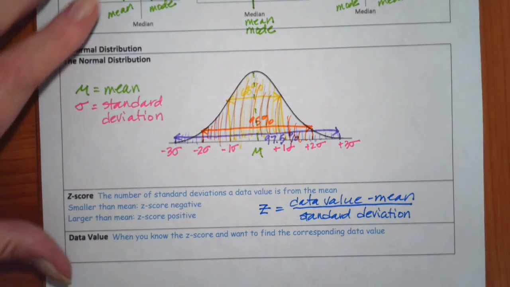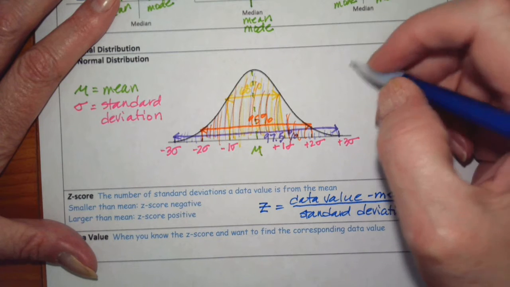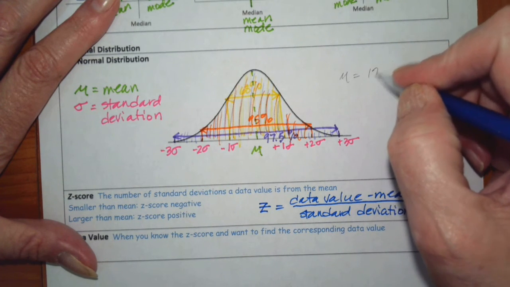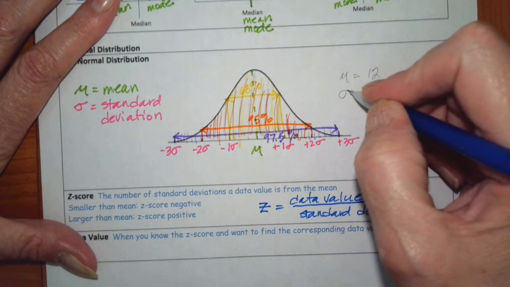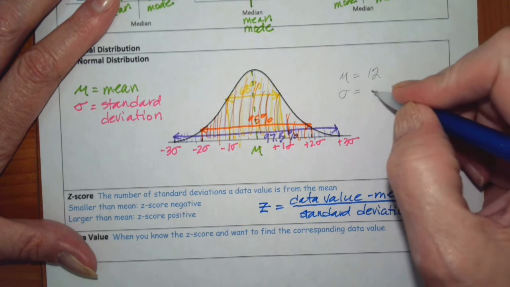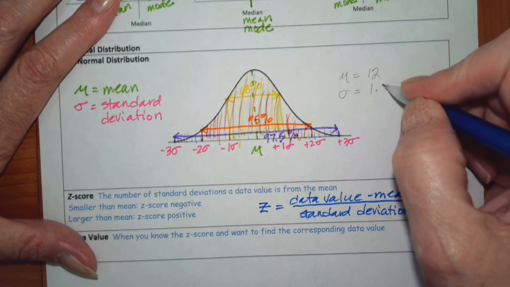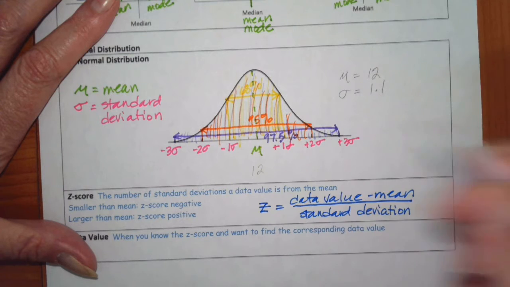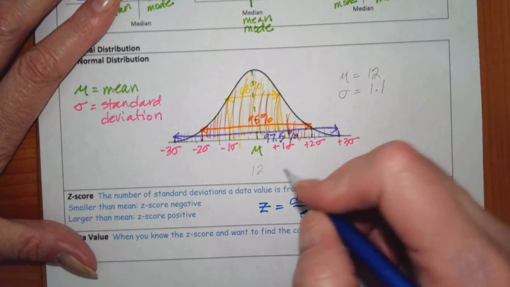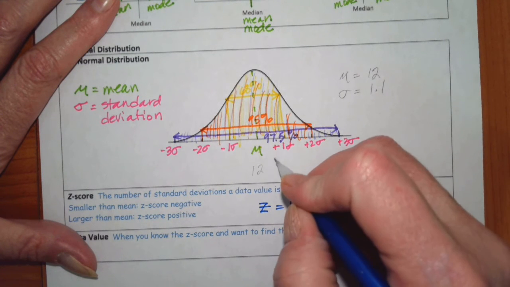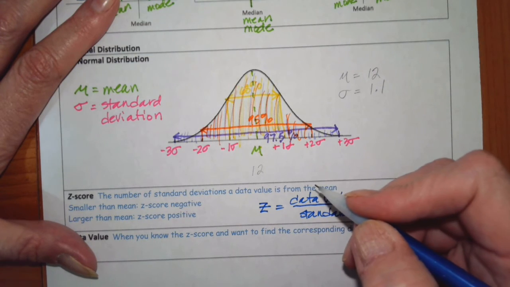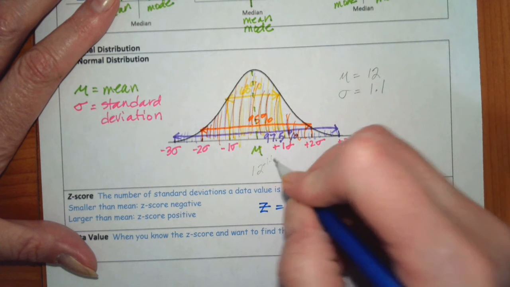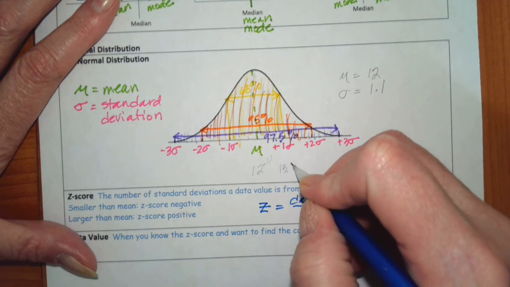So let's just do an example. Let's say we have a mean of 12 and a standard deviation of 1.1. Okay, we know our mean goes here. One standard deviation to the right means that I add 1.1, and that gives me 13.1.